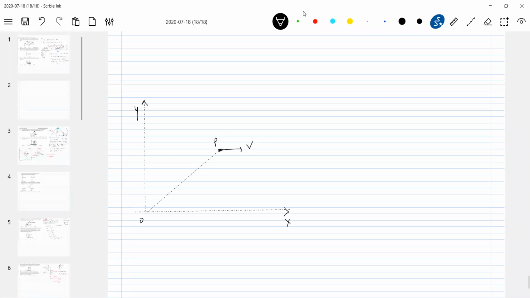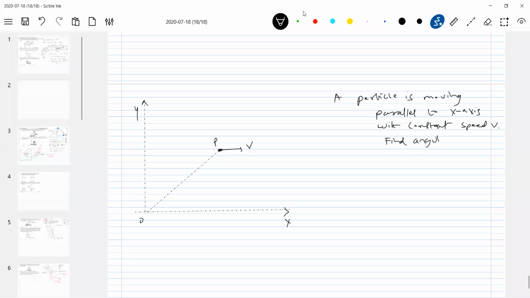A particle P is moving parallel to the x-axis with a constant speed v.